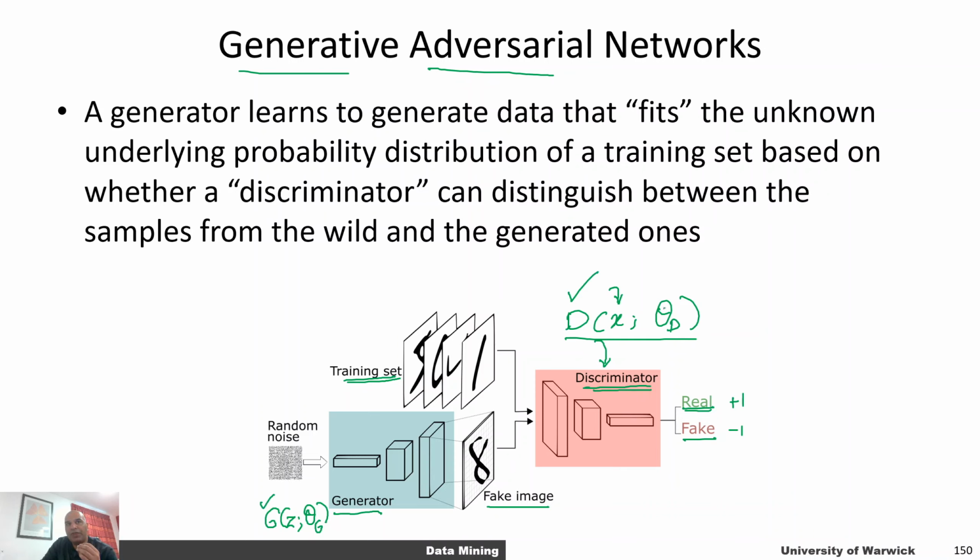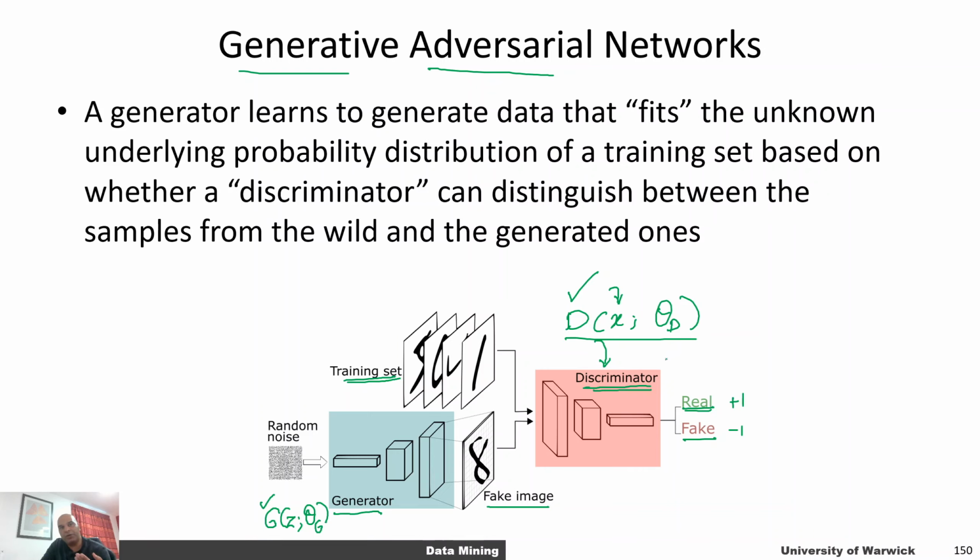So we have a discriminator and we have a generator. Now we want to train both of them in such a way that the generator tries to generate images that look similar to the images in our training dataset, so that the discriminator is fooled into thinking that these images generated by this generator are not fake but real images.